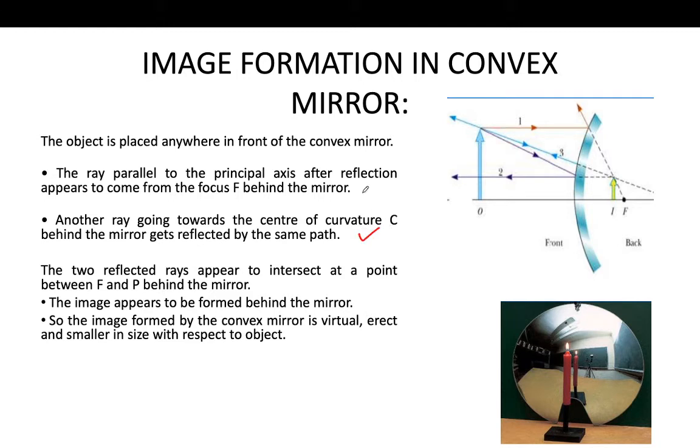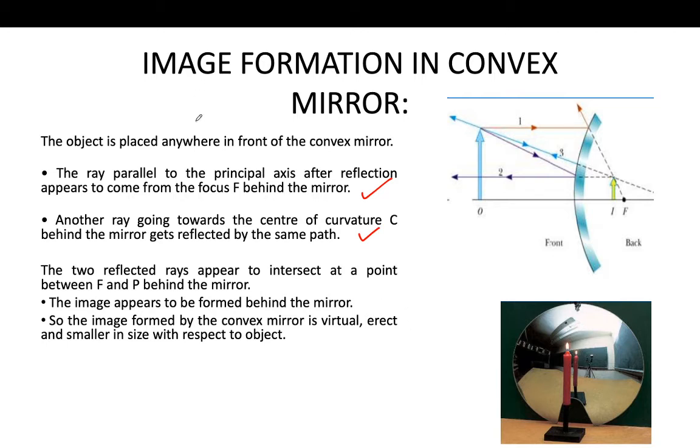These are the same rules which we studied. The two reflected rays appear to intersect at a point between F and P behind the mirror. The image appears to be formed behind the mirror. So the image formed by the convex mirror is virtual, erect and smaller in size with respect to the object.